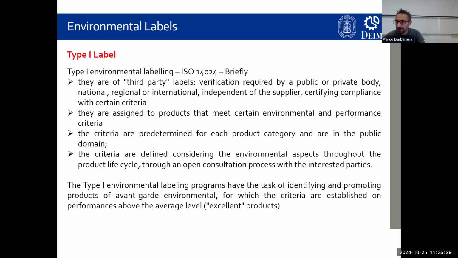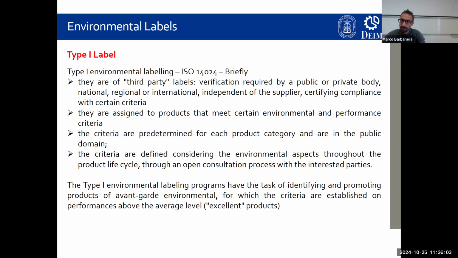predetermined environmental criteria. So for each product category, we can have different environmental criteria. For example, for energy-related products, a typical environmental criterion to obtain this kind of label is about the energy consumption during the use of the product.